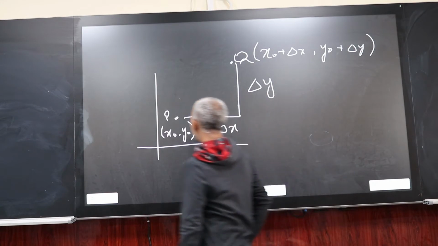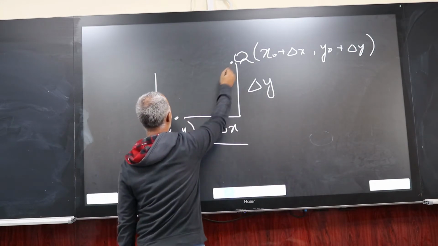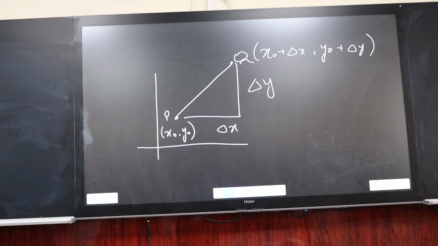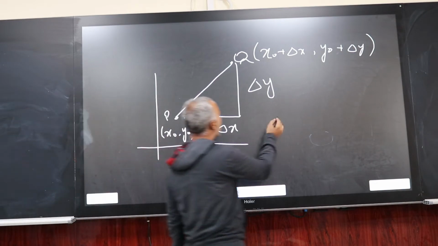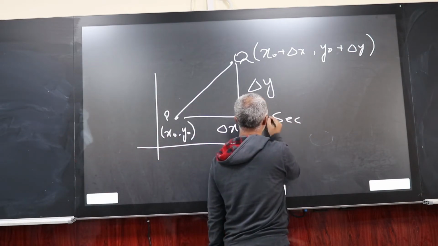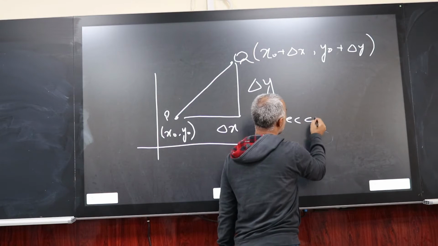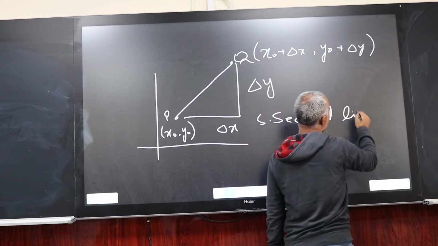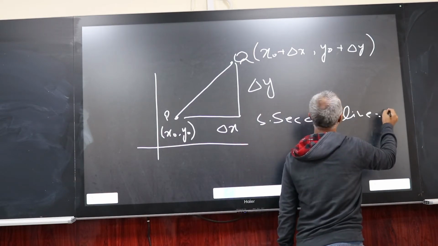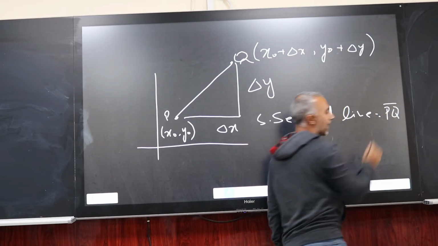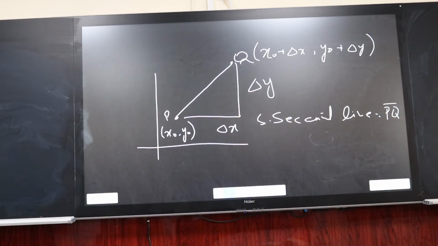Are you getting my point? Now, if you are talking about the slope of secant line, it can be expressed as the line PQ. Are you getting my point?